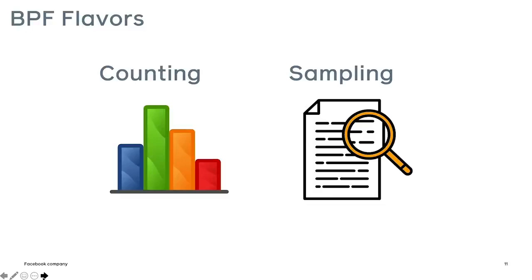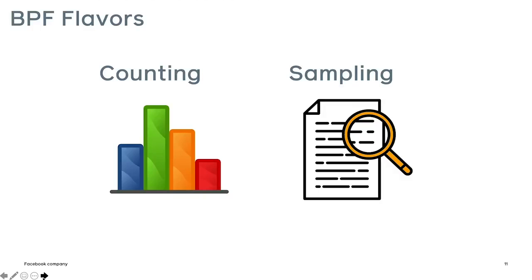BPF comes in two different flavors or two different ways to look at the data. You can choose to get counting or aggregate data, but you can also get sampling. Counting gives you an aggregation of your data. You could say that you are interested in understanding the total memory allocations that occurred, or the amount of time that you spent in specific calls, or how many files were opened by your system.